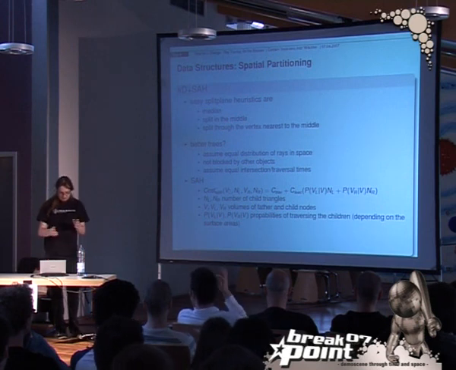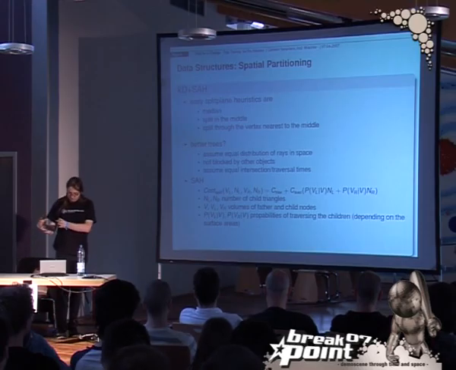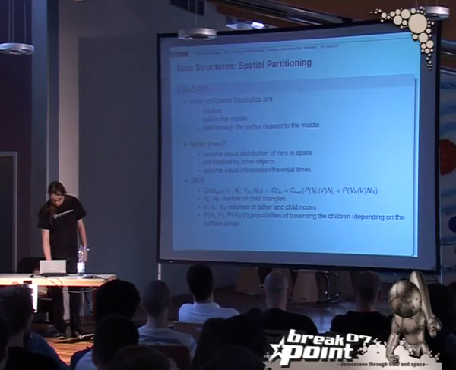So we look at how much volume we have on the left, and how much volume we have on the right, and how many triangles will go to the left and to the right with this split plane we just picked. Then we have the cycles a traversal costs. We have the cycles an intersection costs.